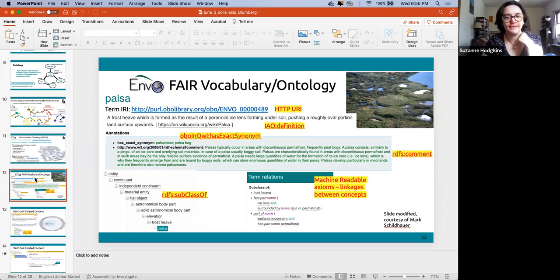But it seems like there's still some source of confusion there. On the other hand, we've been using the term pulsa for, this project has been going on in some form for over a decade now, and I doubt that everyone's going to want to change it at this point.